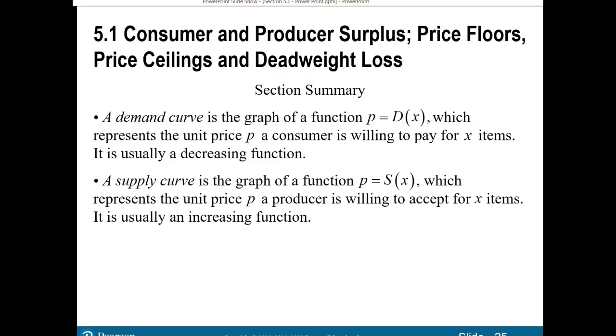All right, so a summary here of what we've talked about in this section. A demand curve is the graph of a function, d of x, that represents the unit price, p, a consumer is willing to pay for x items. It usually is a decreasing function. A supply curve is the graph of a function, s of x, which represents the unit price, p, a producer is willing to accept for x items, and that is usually an increasing function.